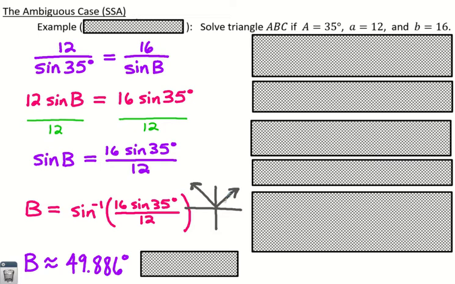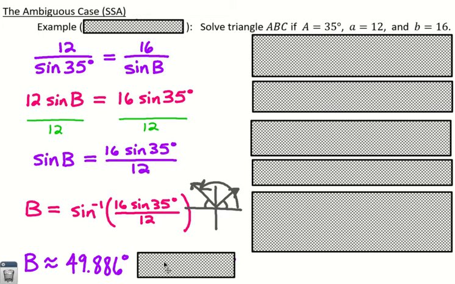And remember, if that angle is the 49.886, then that angle is the 49.886. And so in order to figure out what the quadrant 2 angle is, we do 180 minus this to get the other possible answer of 130.114 degrees.